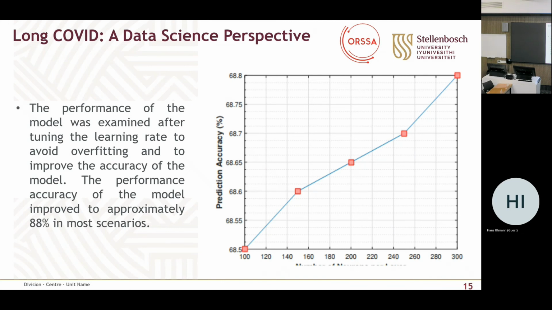So we created a deep neural network with 8 hidden layers, and on the x-axis we have the number of neurons and the prediction accuracy. Before tuning our model, we had an accuracy of averagely 68%. But on tuning the model, we achieved approximately 88%.